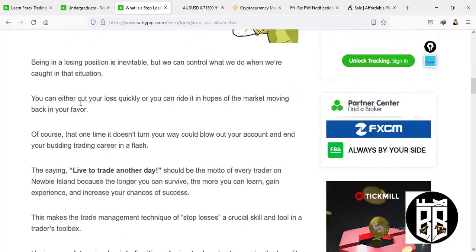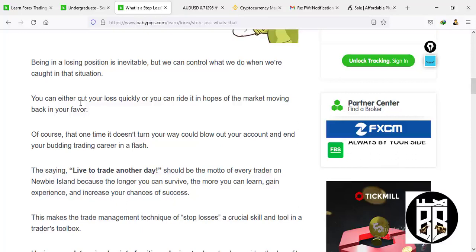You can either cut your losses quickly, or you can ride the losses in the hope that the market is going to move back in your favor. Of course, that one time you are hoping the market is going to move back in your favor could turn your trading account to zero. It can literally blow your trading account in a twinkle of an eye.